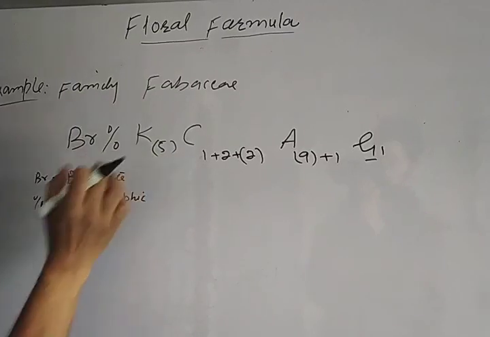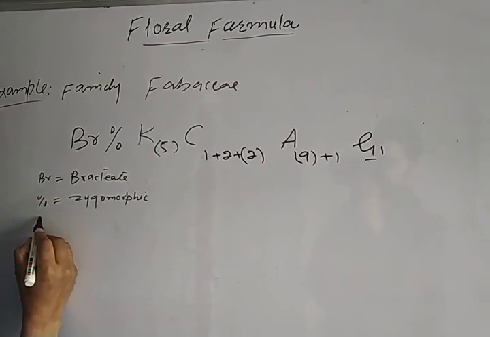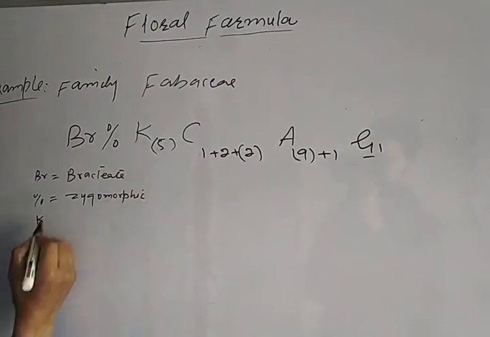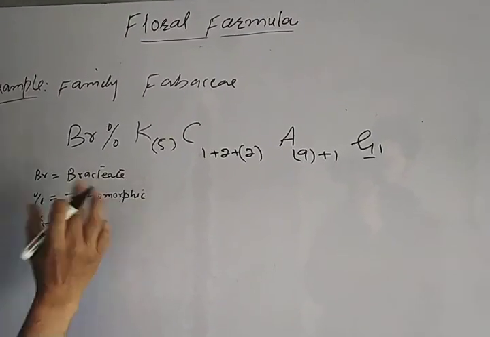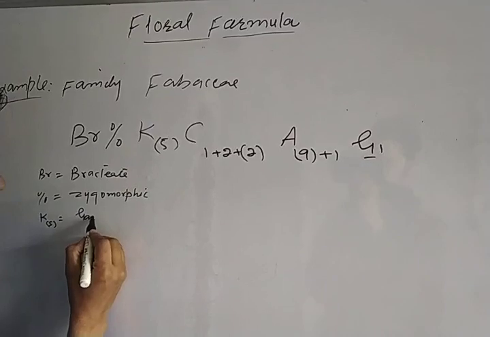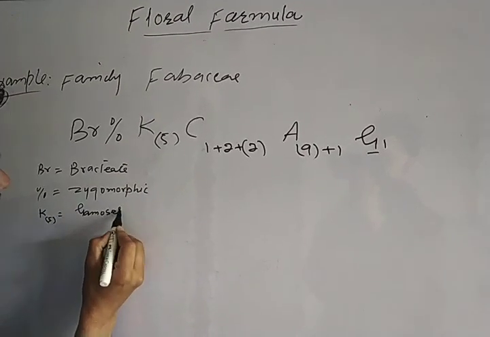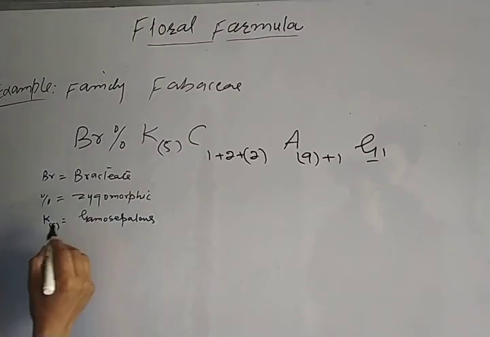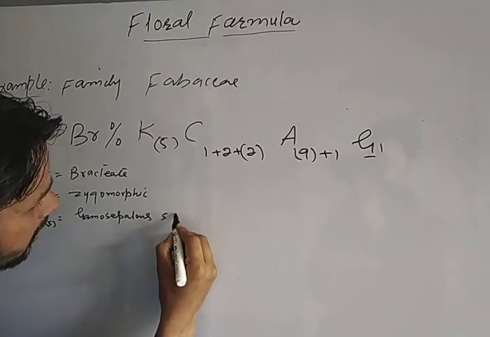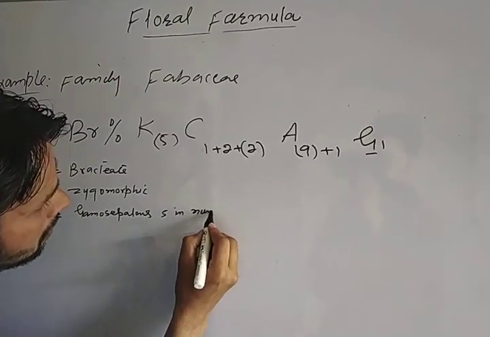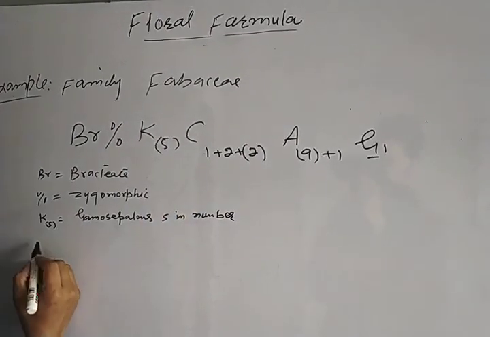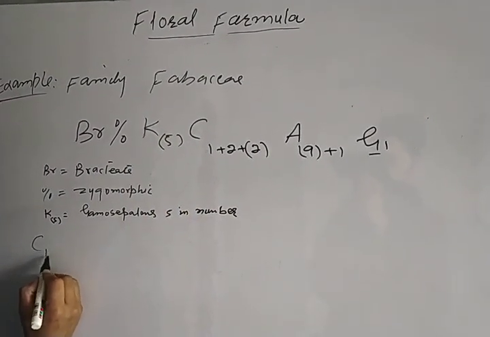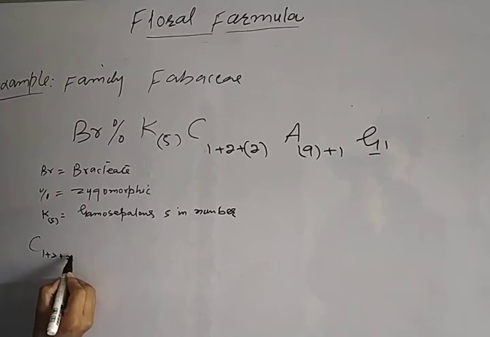Again, this is K. K represents calyx, and 5 in a bracket means it remains fused. That means it has the gamosepalous condition, gamosepalous 5 in number. And C is 1 plus 2 plus 2.